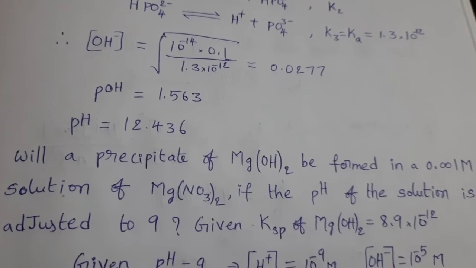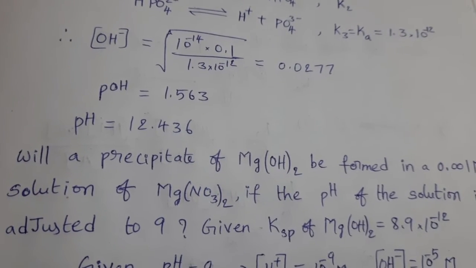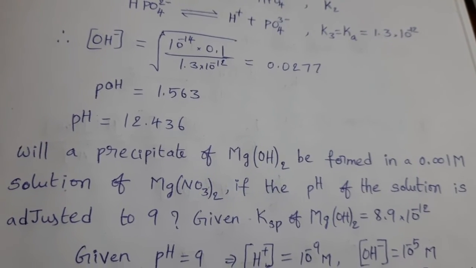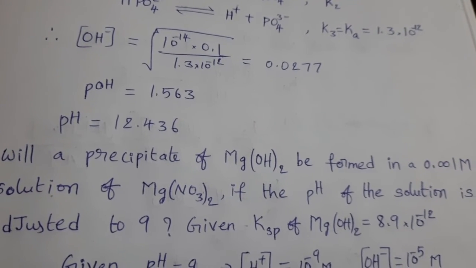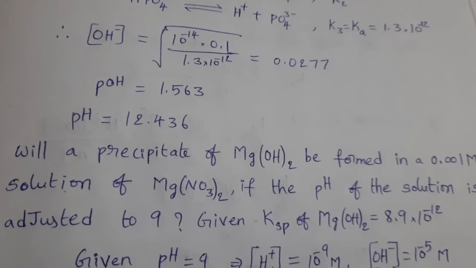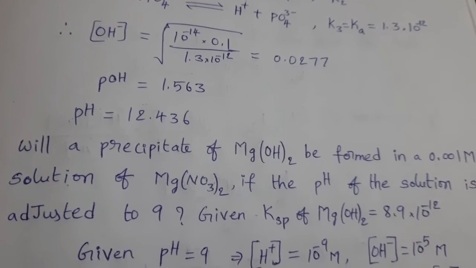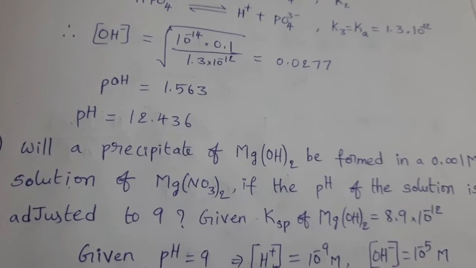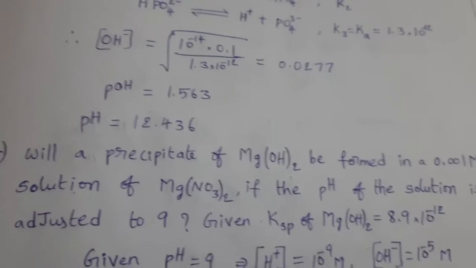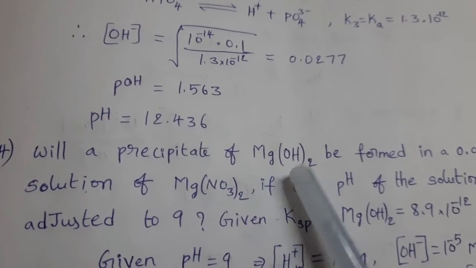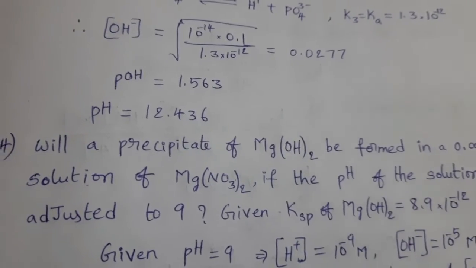In that solution, can we get a precipitate of MgOH twice, if the pH of the solution is adjusted to 9? Now the MgNO3 solution having concentration 0.001, its pH is adjusted to 9. In that condition, with this concentration at this pH, can we get a precipitate of this compound or not? That is the question.